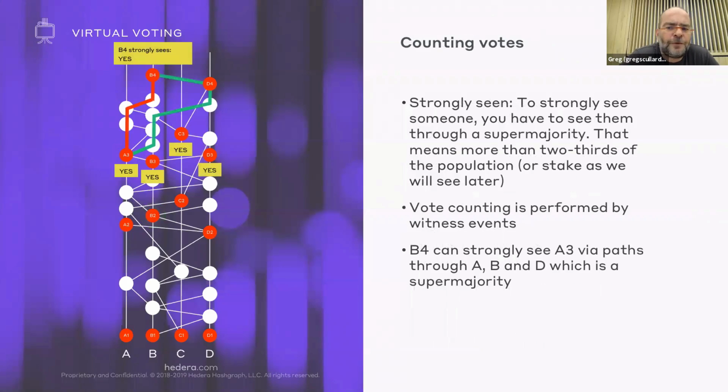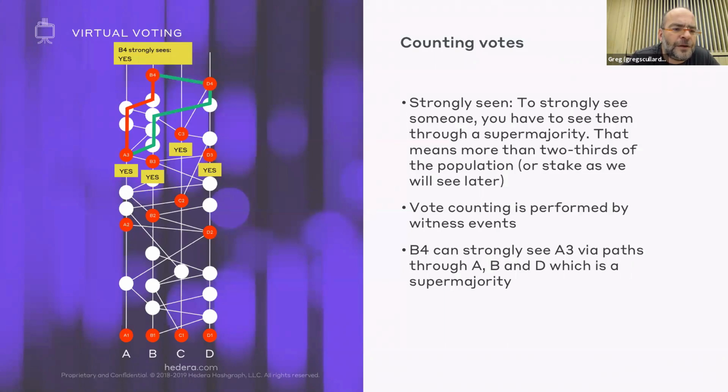So how would B4 count the votes? B4 would count the votes by looking at whether it can strongly see A3. Strongly seen is determined by being able to see an event through a supermajority of nodes, so that more than 2/3 of the population or stake, as we will see later, can see that particular event.